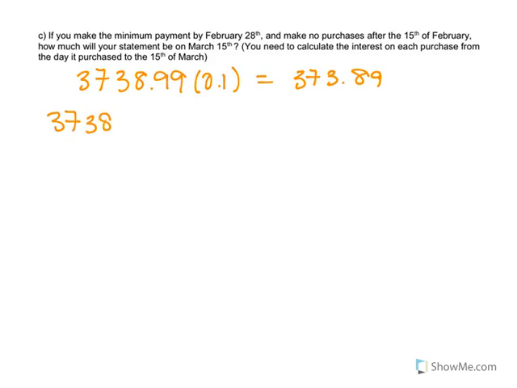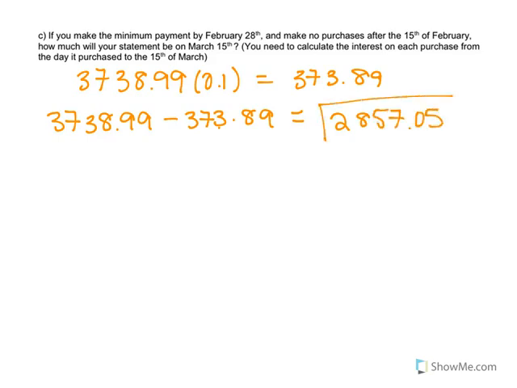So the amount in your account without any interest is going to be, we're going to subtract that amount, and it's $2,857.05. So this is kind of like your carryover amount. Now we have to calculate all of the interests. So there's 4 things we have to calculate interest on, what your credit card would do.